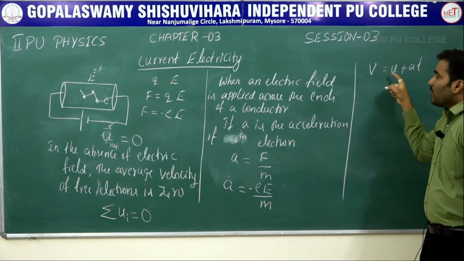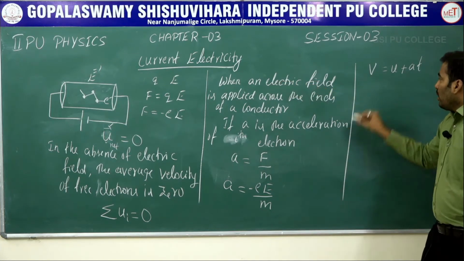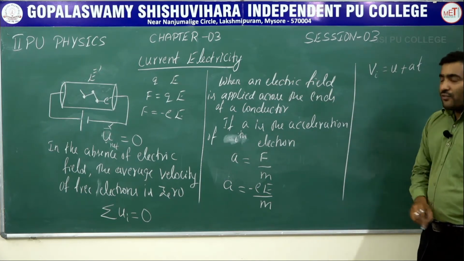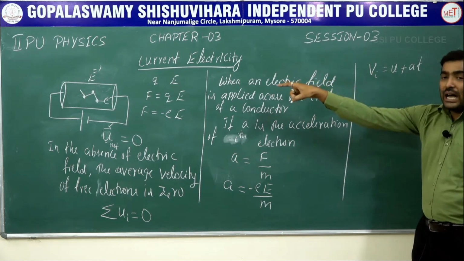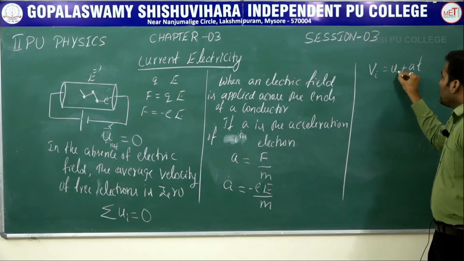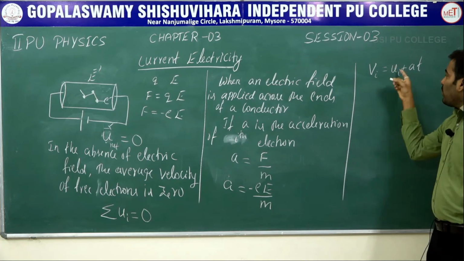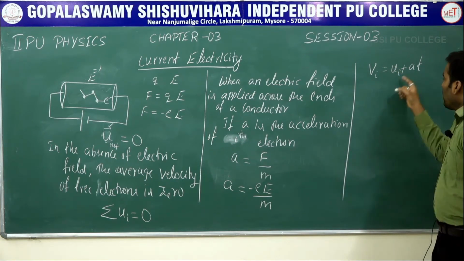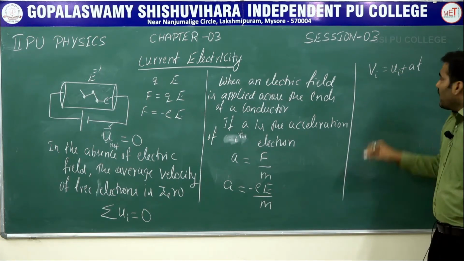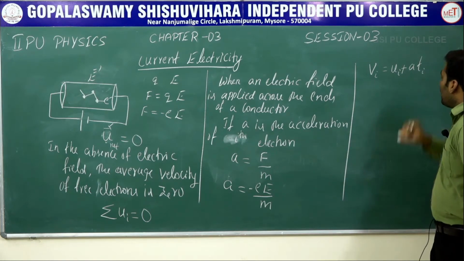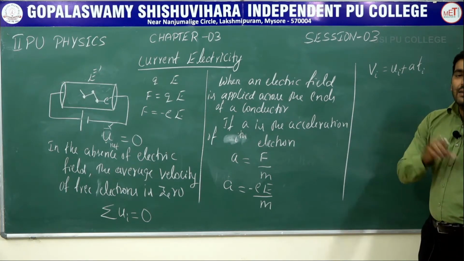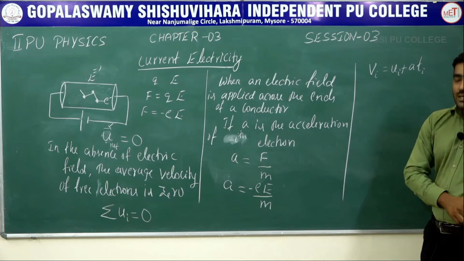For the ith electron, Vi is the final velocity of that electron, and Ui is the initial velocity of the ith electron. Acceleration is the same for all the electrons, and time Ti is the time taken between two collisions.